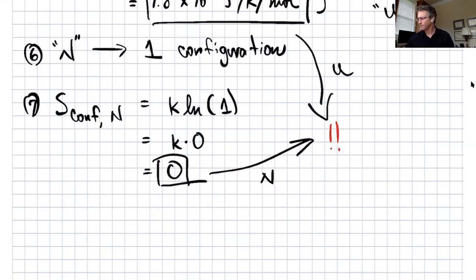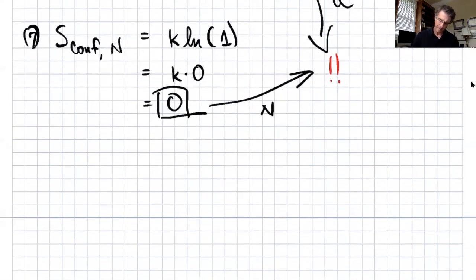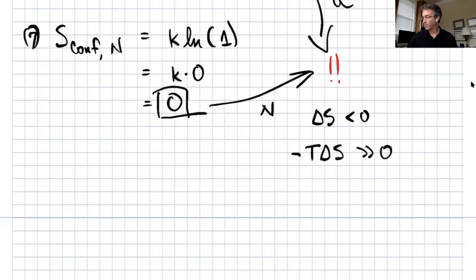Okay, and this happens, of course, because, as I said, delta S is less than 0, which means that minus T delta S is much greater than 0. It's large and positive, and that has this inhibitory impact on the Gibbs free energy change for folding of the polypeptide.